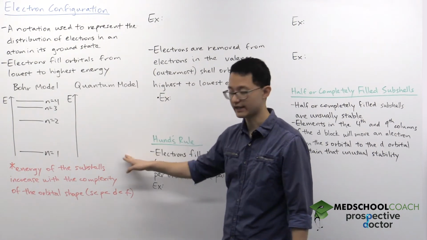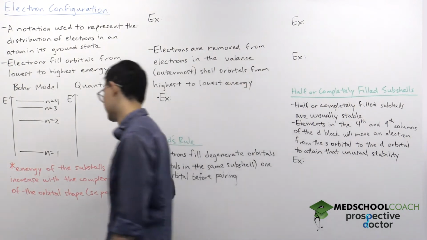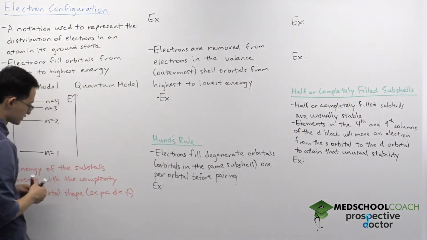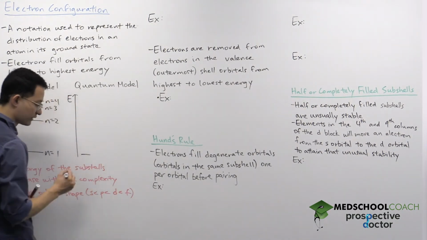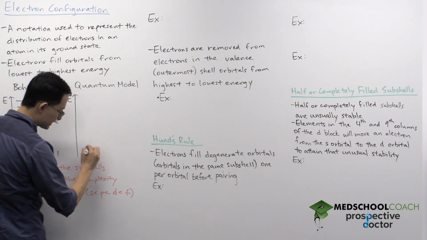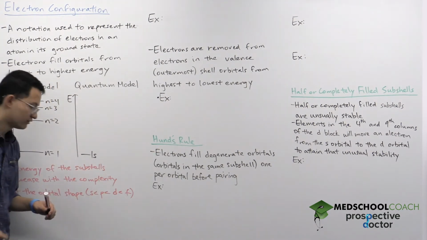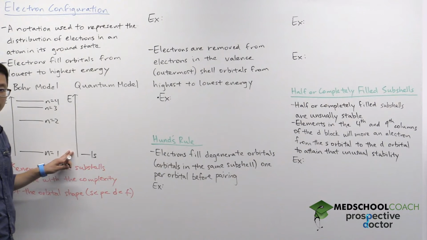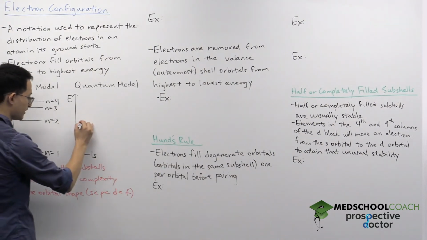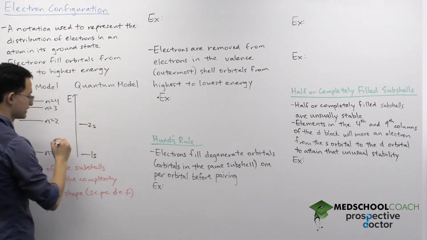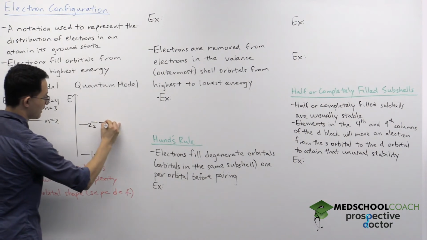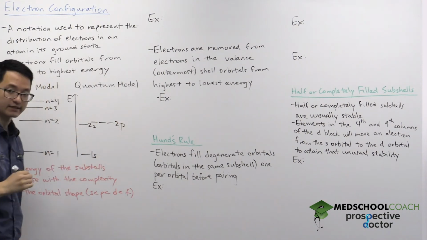So it's similar in that we have the first energy level, which is the lowest in energy and closest to the nucleus. Here we have one subshell. That is the 1s subshell, and that's it for our first energy level. In our second shell, we're going to have the 2s subshell as well as the 2p subshell.